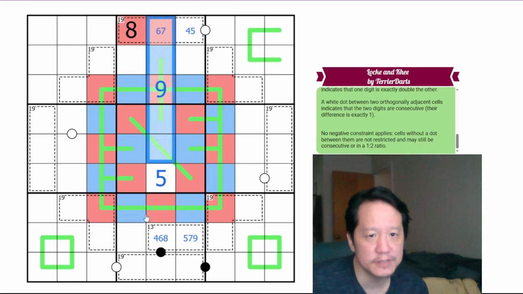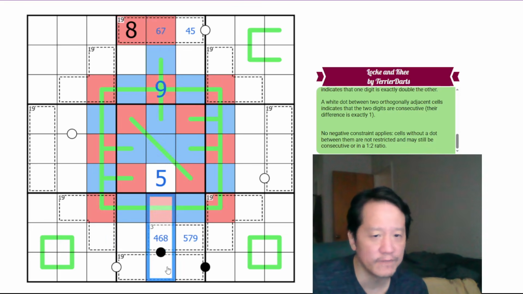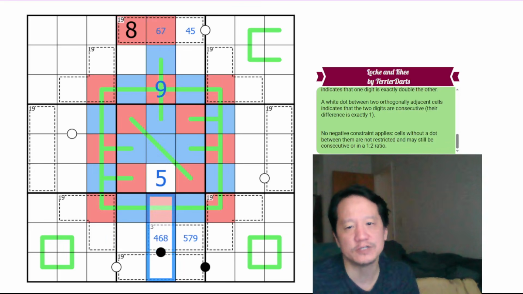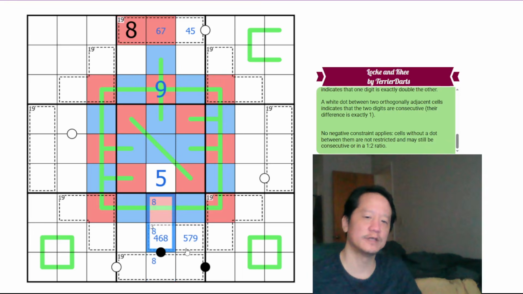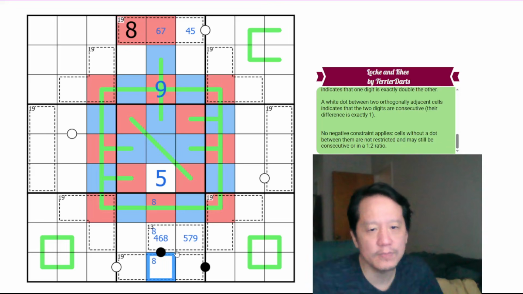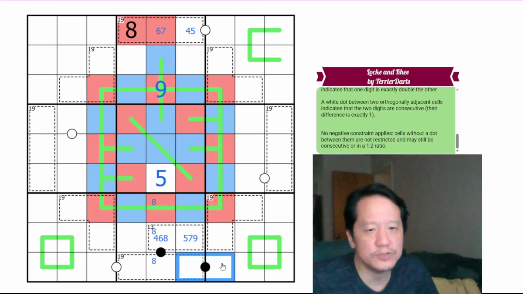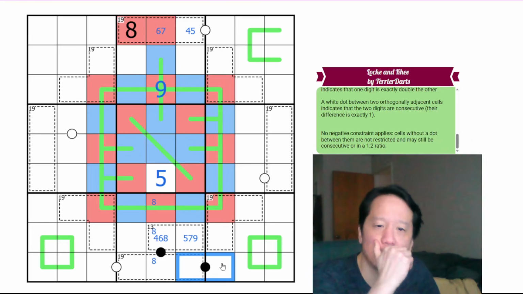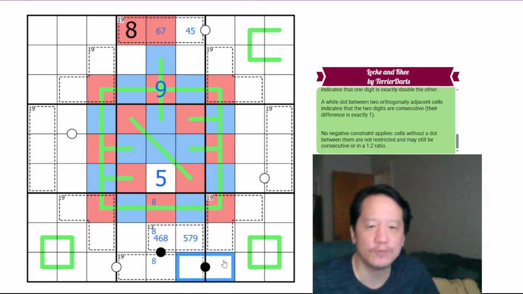Where is 8 in column 6 or column 5? It must be one of these 3 digits. Okay, that doesn't help very much. These 2 digits are in a 1 to 2 ratio. So it's 1, 2, 3, 4, 6, 8. Obviously, this can't be 1 because 1 can only add up to 19 with 8 or 9.